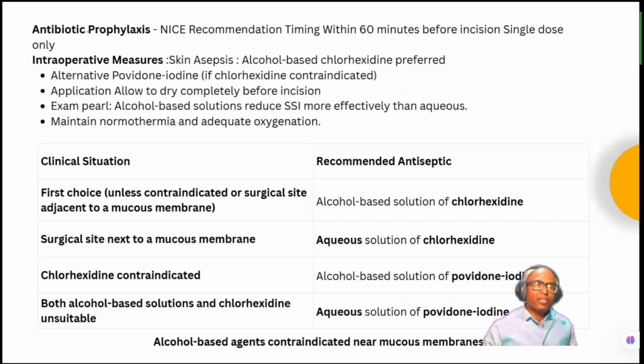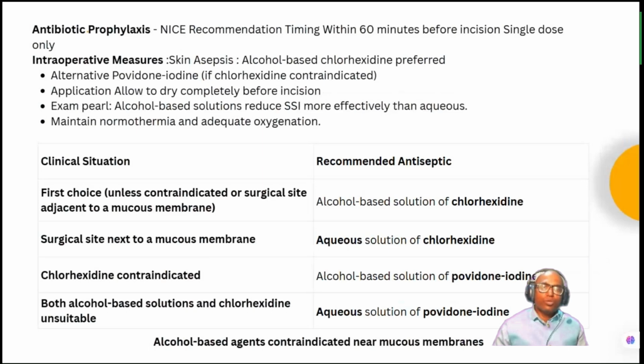Okay. So for intraoperative measures, there are specific things about skin asepsis. Here again, there are SBAs which are asked on skin asepsis. So what is preferred for skin cleaning? Alcohol-based chlorhexidine is preferred. Remember, alcohol-based chlorhexidine is preferred. The alternative is povidone iodine if chlorhexidine is contraindicated. The application should be allowed to dry completely before the incision.